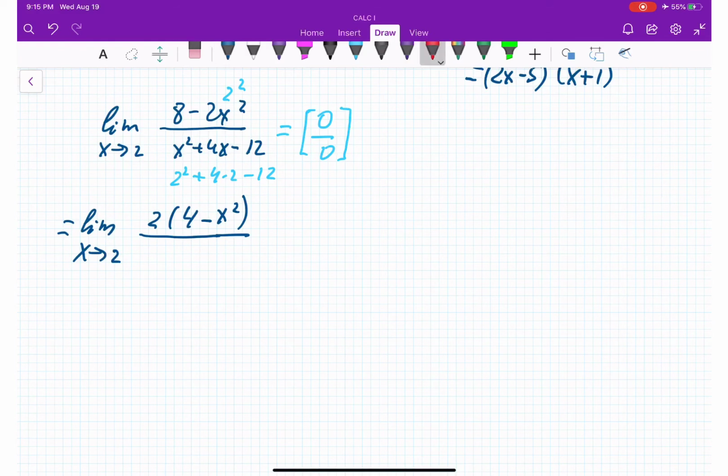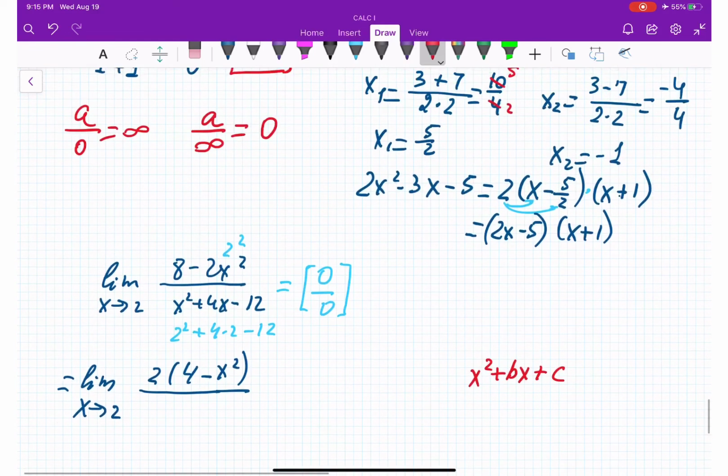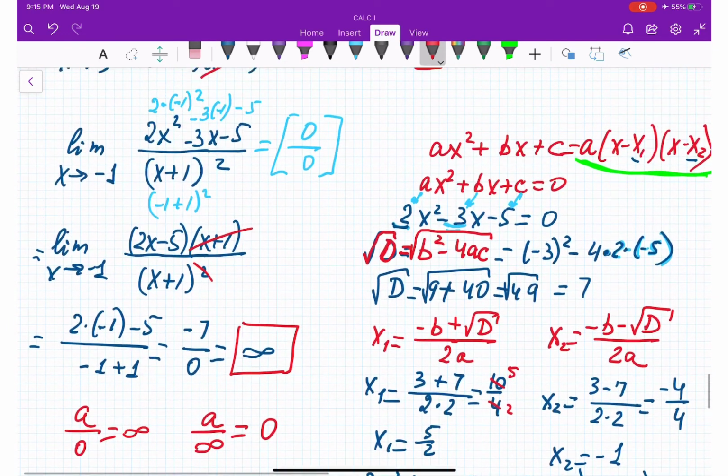This is factoring of the format x squared plus bx plus c. I believe I have a video for it. I will put at the end of the video both methods of factoring, for ax squared and for this one.